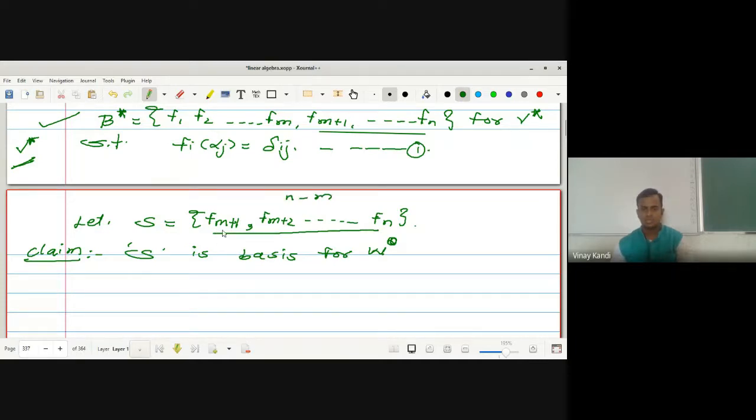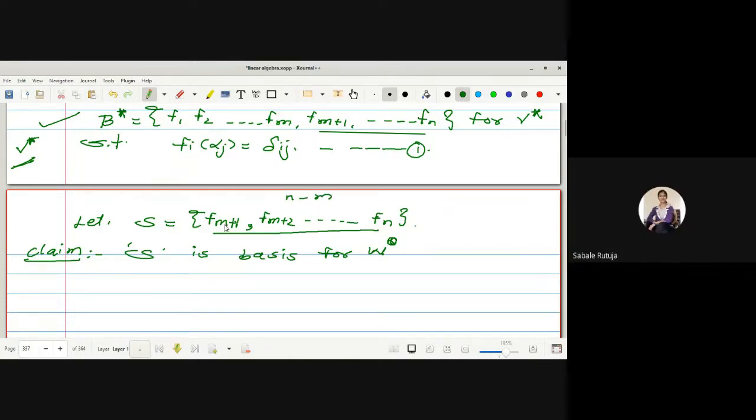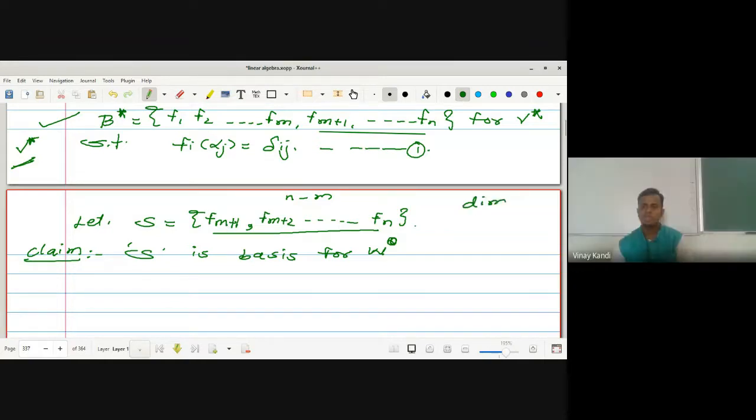So how many vectors are there in S? n minus m. Is it correct? Yes, sir. That means the dimension of the annihilator of W is n minus m. If we prove that S is the basis for the annihilator of W, then the dimension of the annihilator of W is n minus m. What is n?